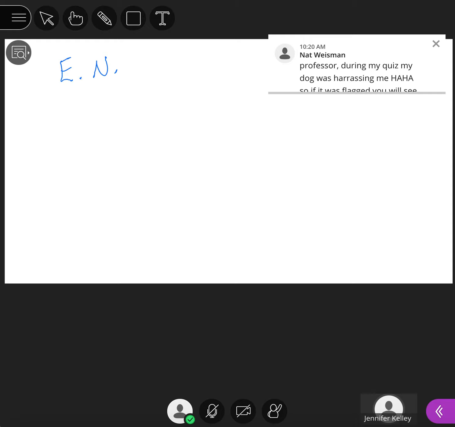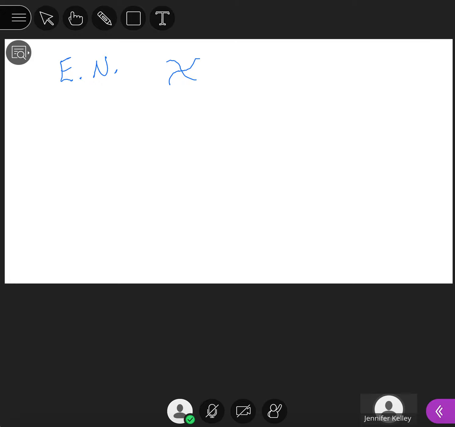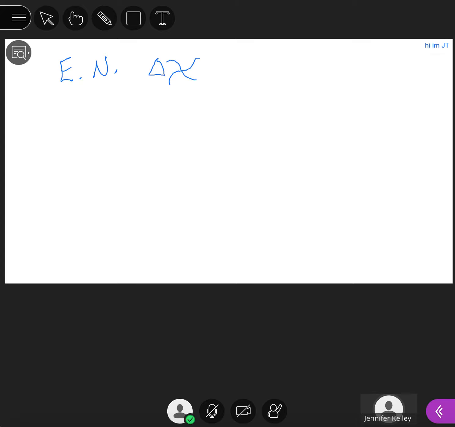It's kind of like a crooked X, a squiggly X. So in the textbook, they'll have things like delta chi, and that's just a difference in electronegativity.